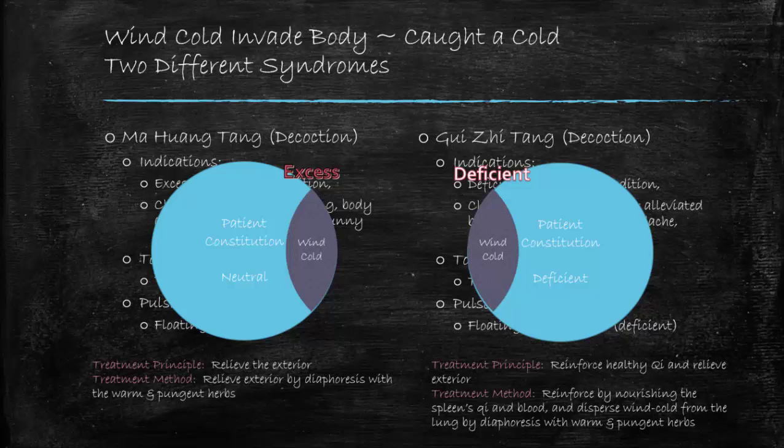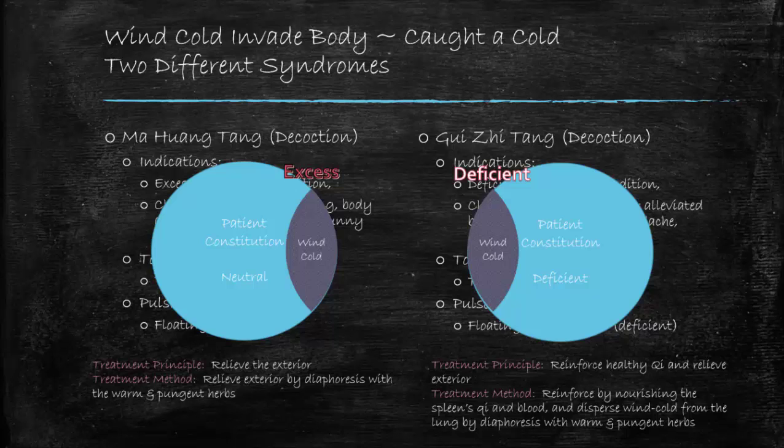You could have flame, dampness, blood stasis, etc. So the idea here is that different conditions or different body constitutions, even with the same pathogenic factor, can create different syndromes. And the same concept applies to the pathogenic factor.